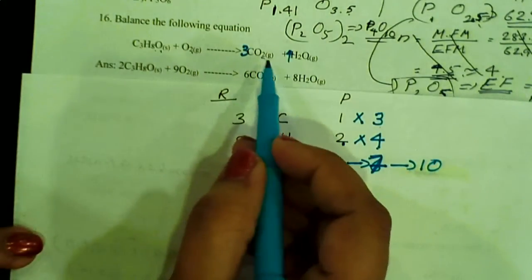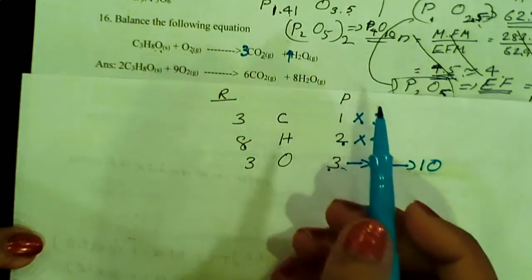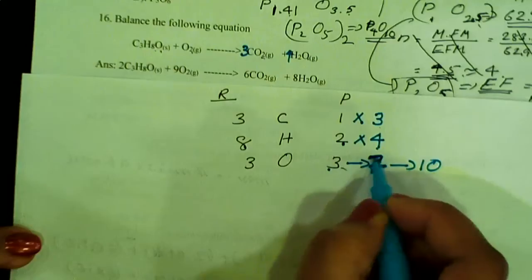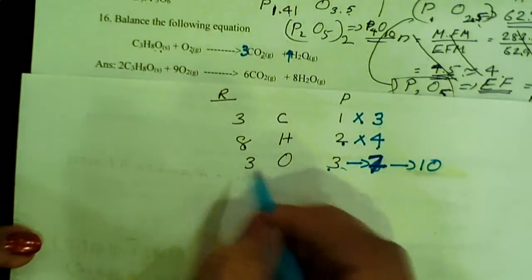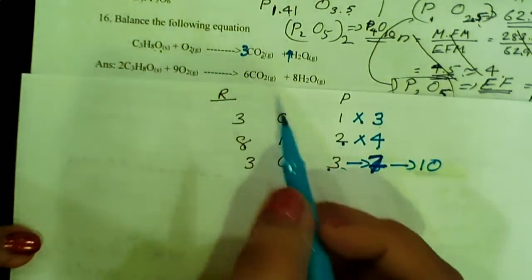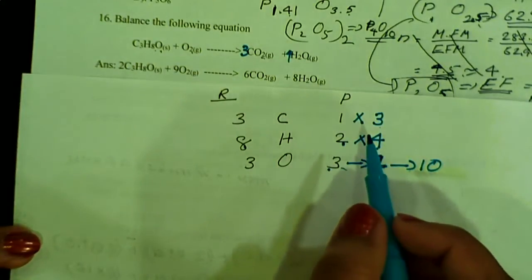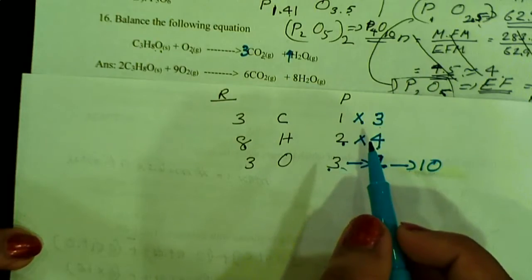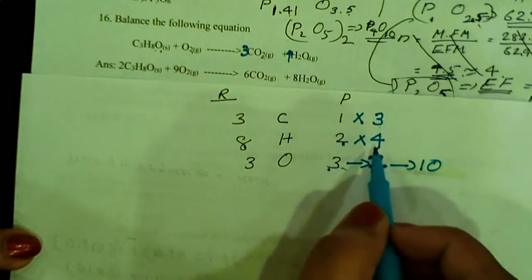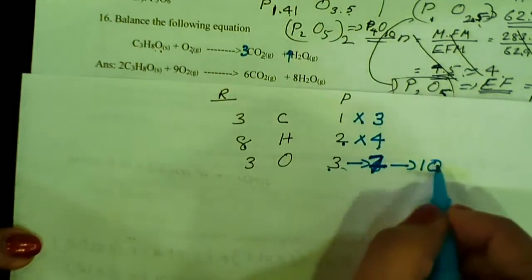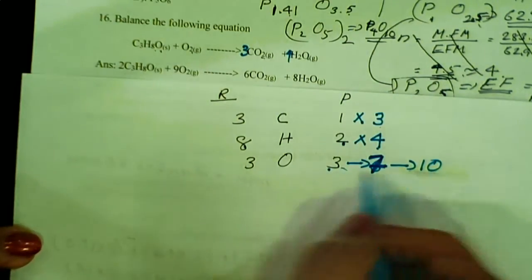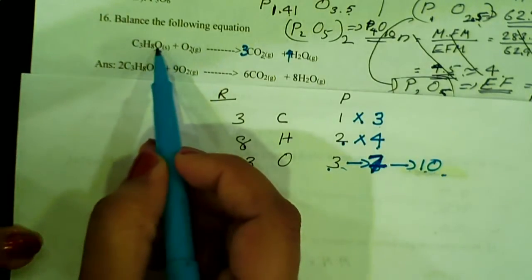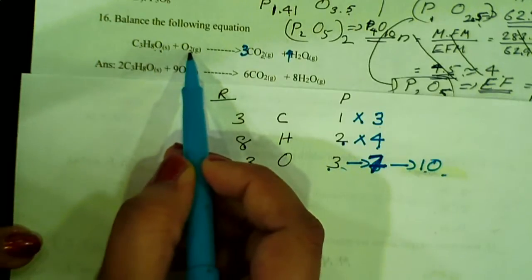So to balance that, you have to multiply with 4 in the product side, put that 4 as coefficient for hydrogen, and that's going to change the number of oxygen from 6 plus 4 to 10. Plus 1, 3.